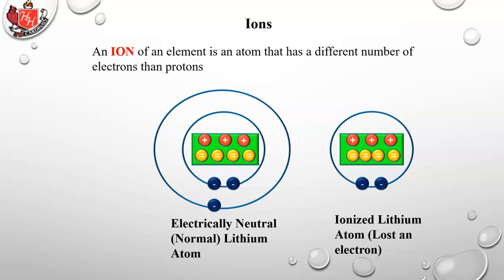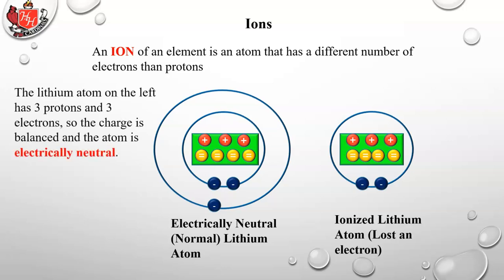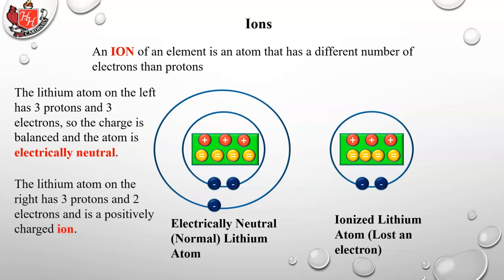It has a different number of protons than electrons. The lithium atom on the left has 3 protons and 3 electrons, so the charge is balanced, and the atom is electrically neutral. The lithium atom on the right has 3 protons and 2 electrons, and is a positively charged ion.